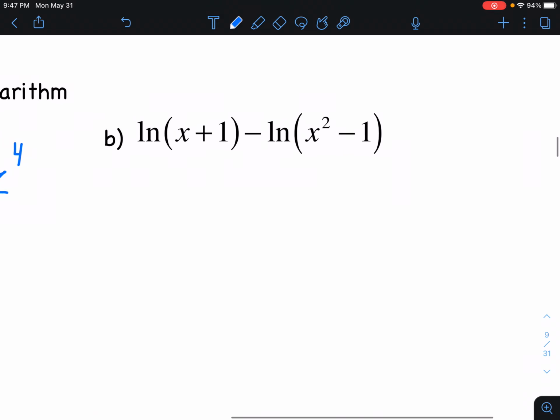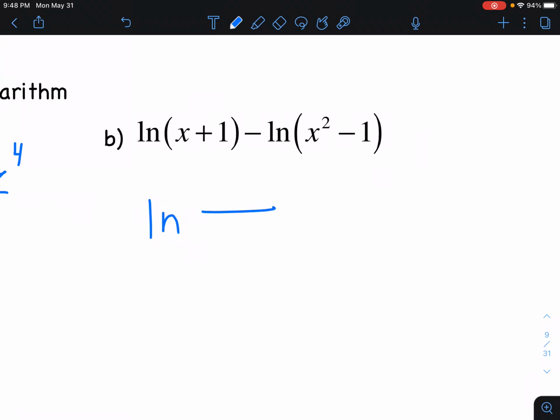All right, let's try another one. This does cap off the lesson with a pretty difficult problem. So the first thing I notice is there's no exponents I need to move here or make new exponents, but I have a minus sign. So that means I'm going to do ln with a fraction.